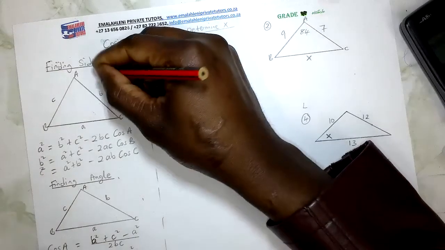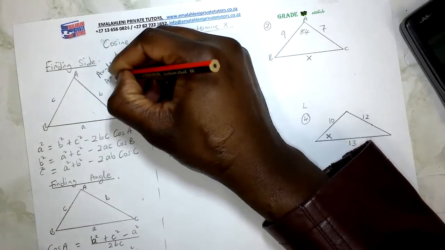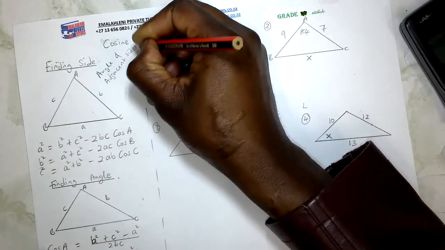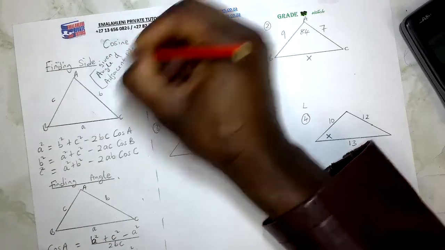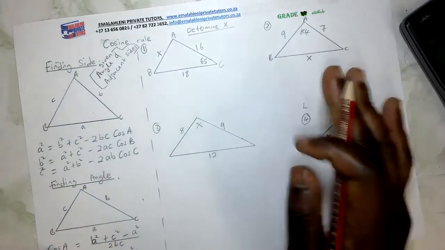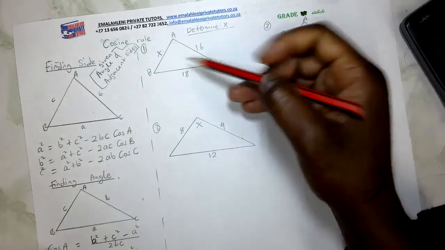Angle and adjacent sides given. So this is what you'll be given to use the cosine rule. Now, here, how do we do it?